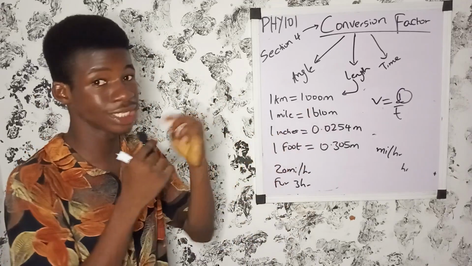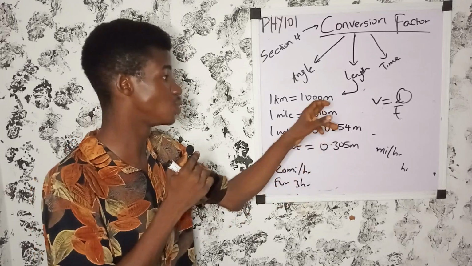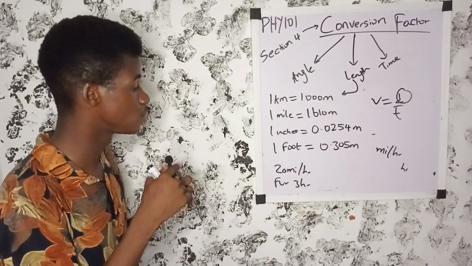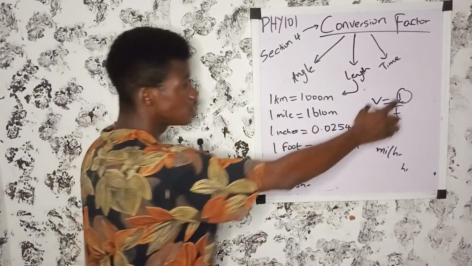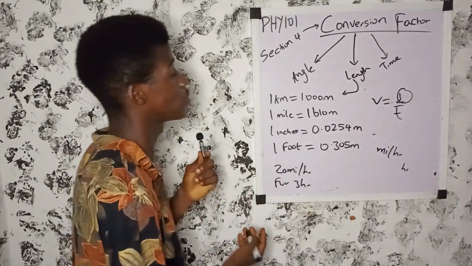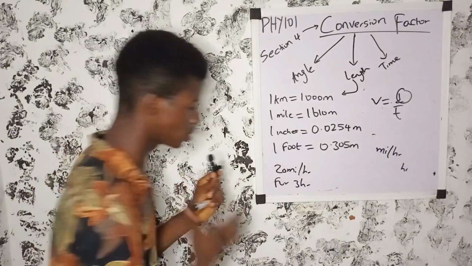They are indirectly asking you to convert the miles to meter. If you solve directly, you will not get your answer. So they expect you to convert from mile to meter.